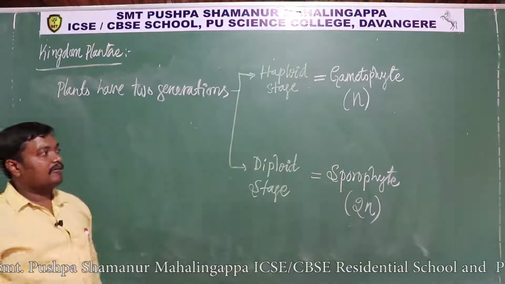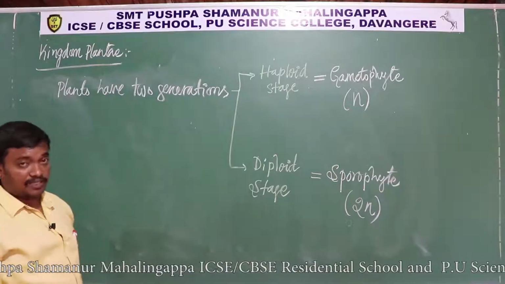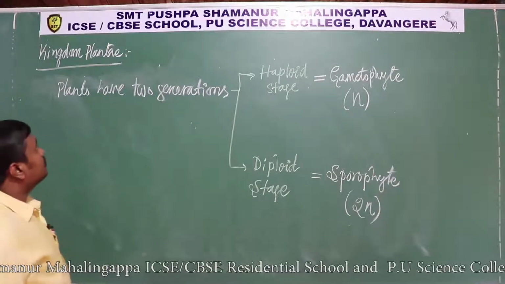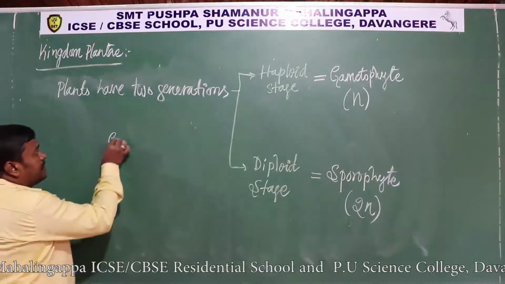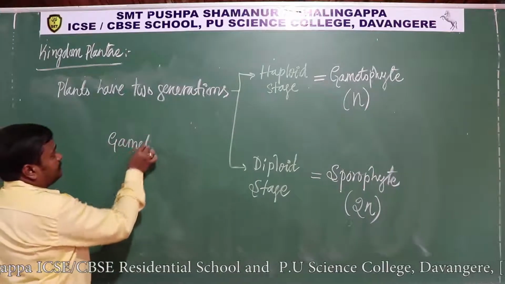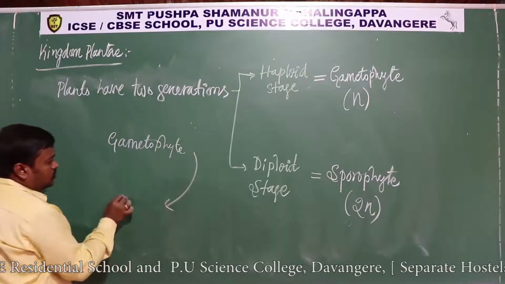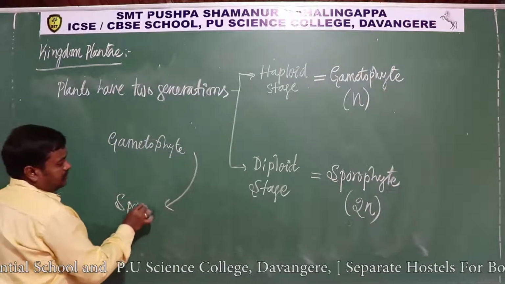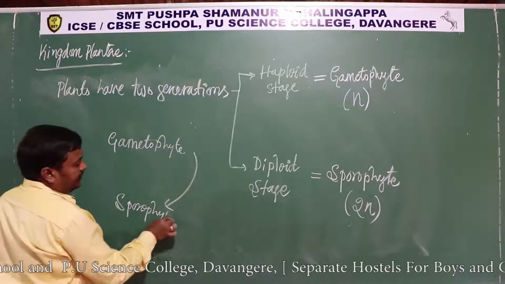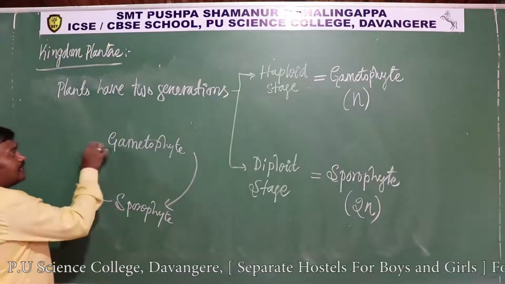There is a distinct gametophytic stage and a sporophytic stage. Okay, so in the life cycle of these plants, there will be a cycle between gametophyte to sporophyte, that is, from gametophyte to sporophyte, and from sporophyte to gametophyte.